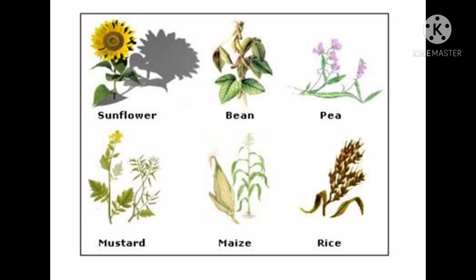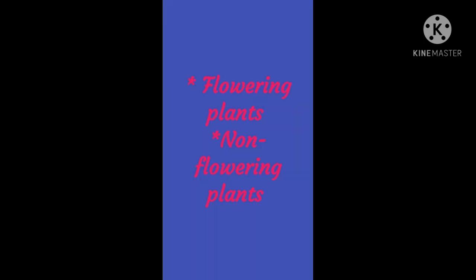These plants also reproduce in different modes. Based on these, plants can be classified into two types: flowering plants and non-flowering plants.